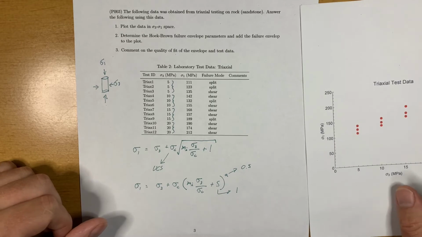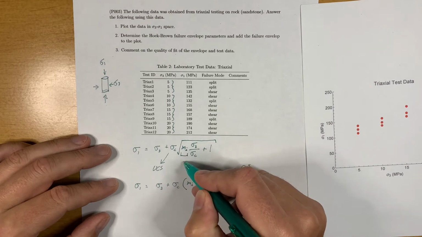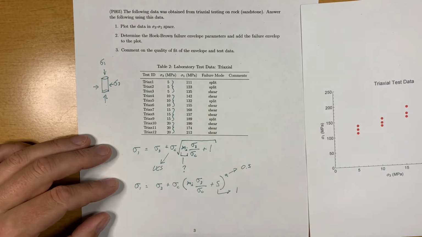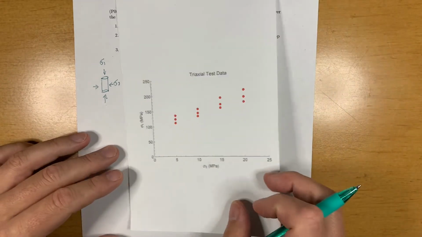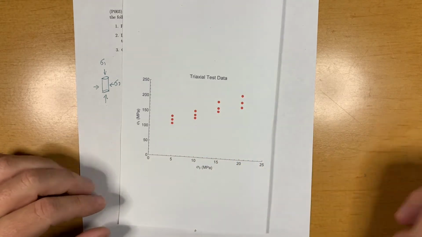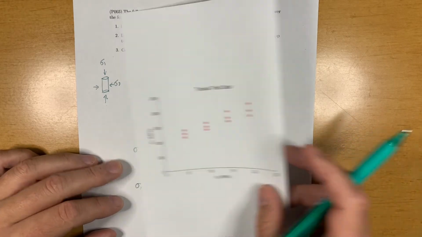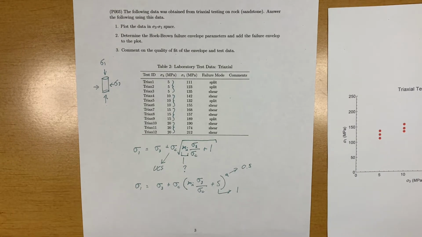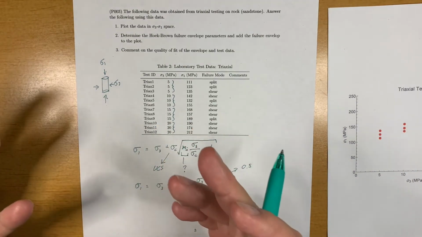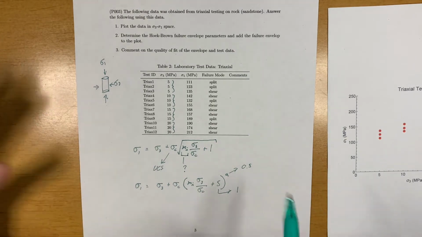All right, so really mi is the only parameter that we need to come up with. What is typically done is the data is used for a regression to come up with our value of mi. Actually, come to think of it, we also don't have the UCS value. Now, we may have a bunch of UCS data already that we can use to come up with a recommended UCS value for this.